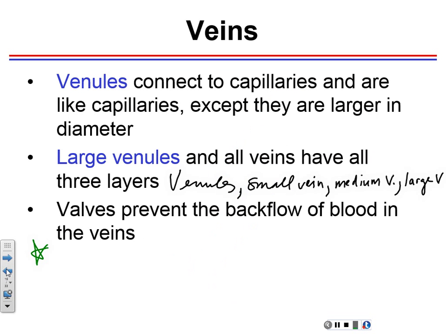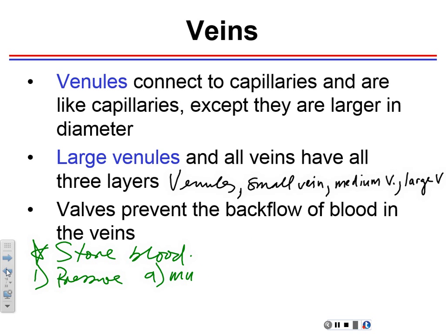And then the functions of the veins: store blood, right? And the pressure responsible for the veins, because I'm going to need you to be able to tell me about this. Pressure is muscle contraction.